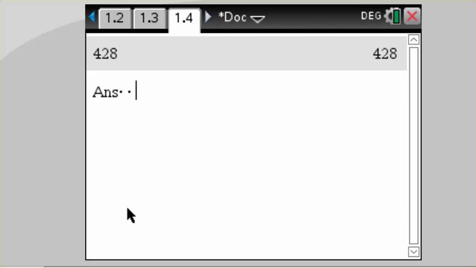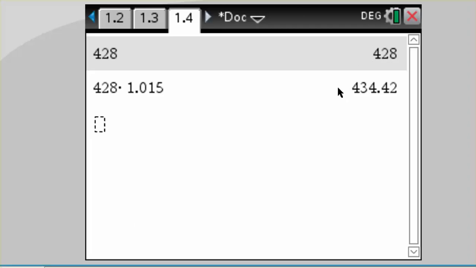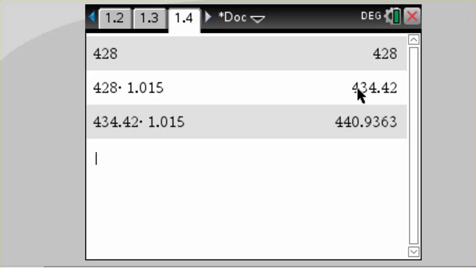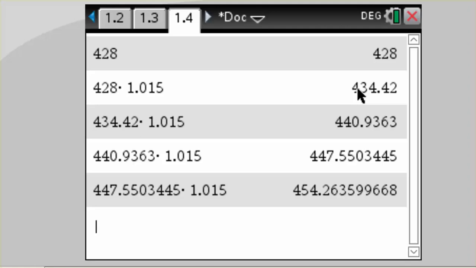So I'm just going to press times, and it'll say previous answer times 1.015, enter. So that was the initial. Now I've pressed enter once to get the end of the first one, press enter again, end of the second, end of the third, end of the fourth. So the end of the fourth month was 454.26.